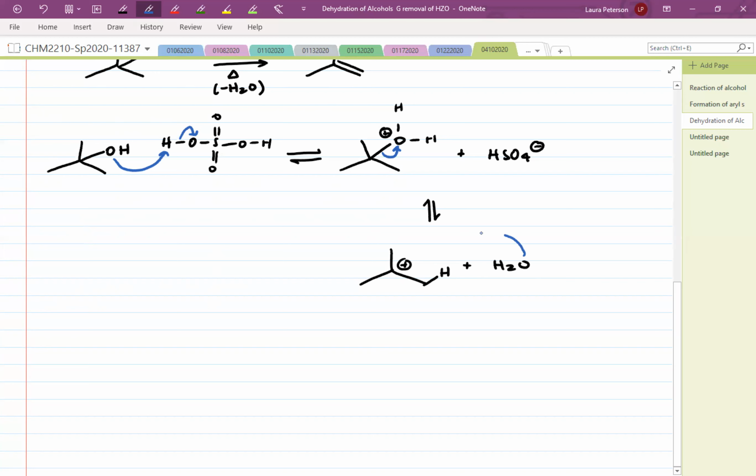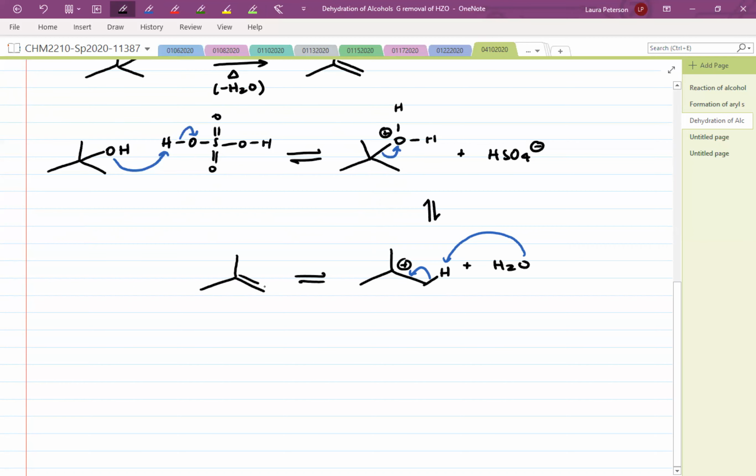Our book uses water, so that's what I'm going to use. Okay, and so water really had 2 fates, right? Water could have removed that proton, or water could have attacked the carbocation. And if water attacked the carbocation, we're just going back in the reverse direction. Okay, so water is going to remove that proton, and that actually gets us directly to our alkene product.